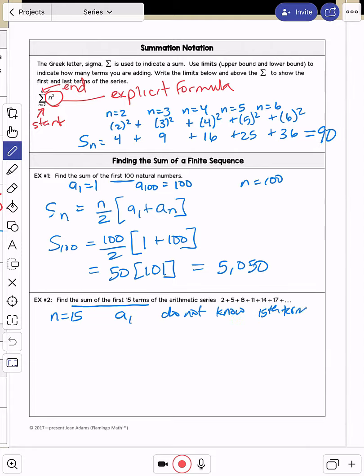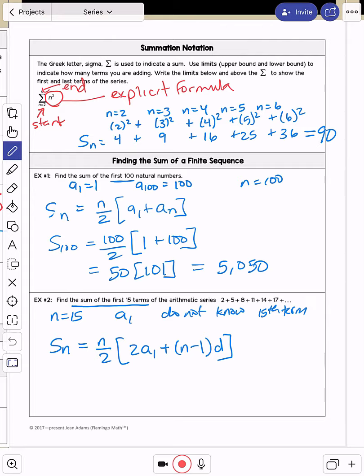And I suppose if you were really driven, you could actually just calculate the 15th term, but it's easier to use the formula that S sub n is equal to n over 2 again, 2 times the first term, so 2 times a1, plus n minus 1 times d.